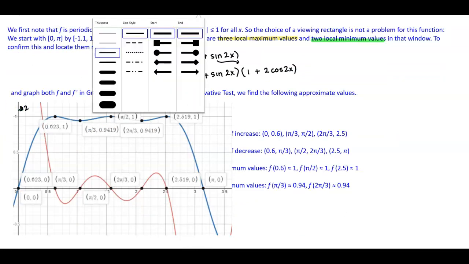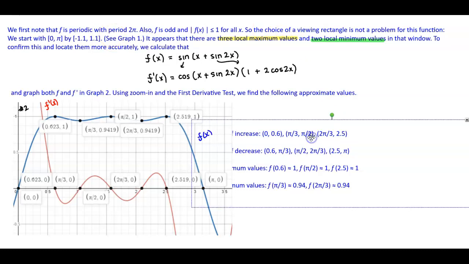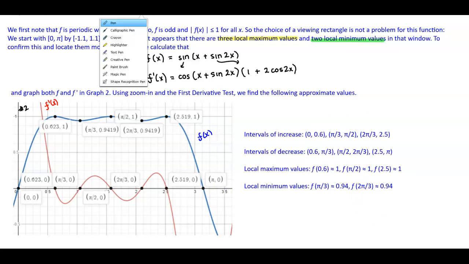We know that the red graph represents the derivative of the function, and the blue graph represents the function itself. Okay, and so what we want to do now is approximate the following values. So we know that there are intervals of increase from 0 to 0.6.